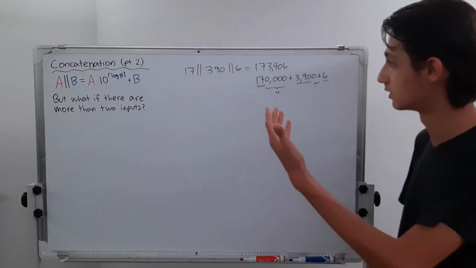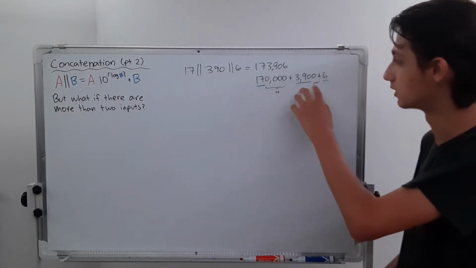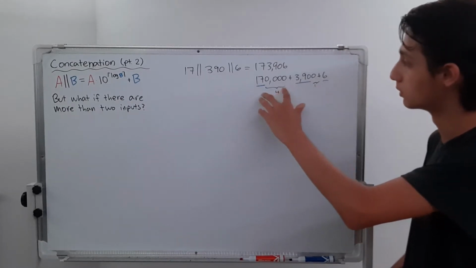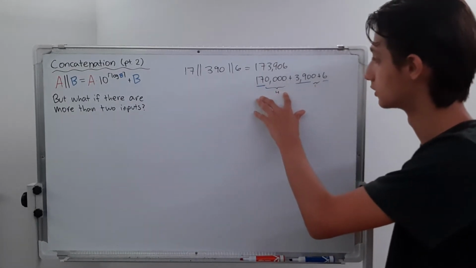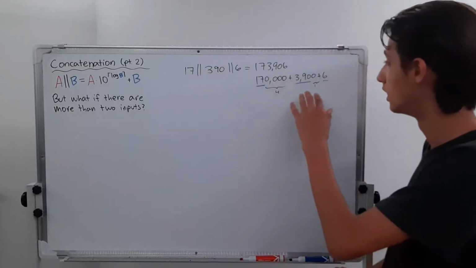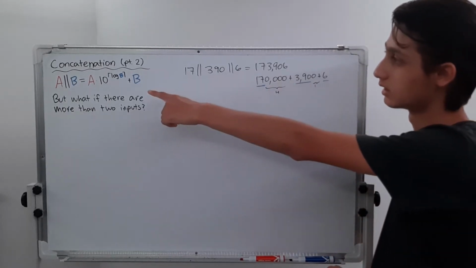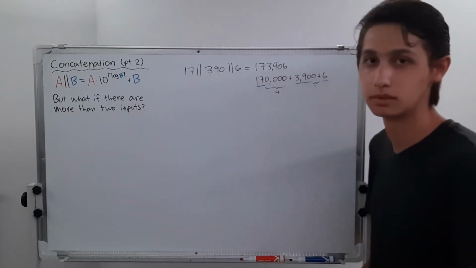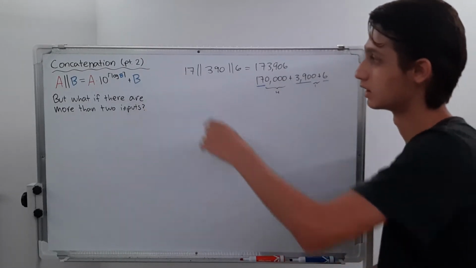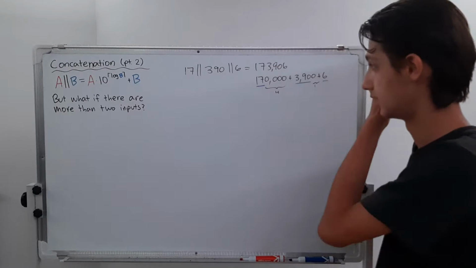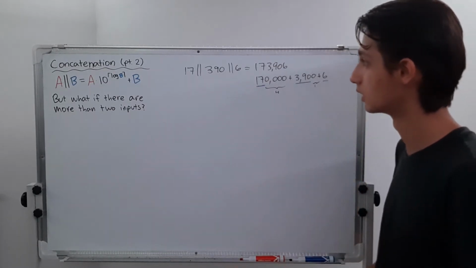That's because that's the number of digits that follow. The number of zeros in this first number depends on the number of digits of the second two numbers. That's where that 10 to the ceiling of log b comes in. That tells us how many digits are in a number.